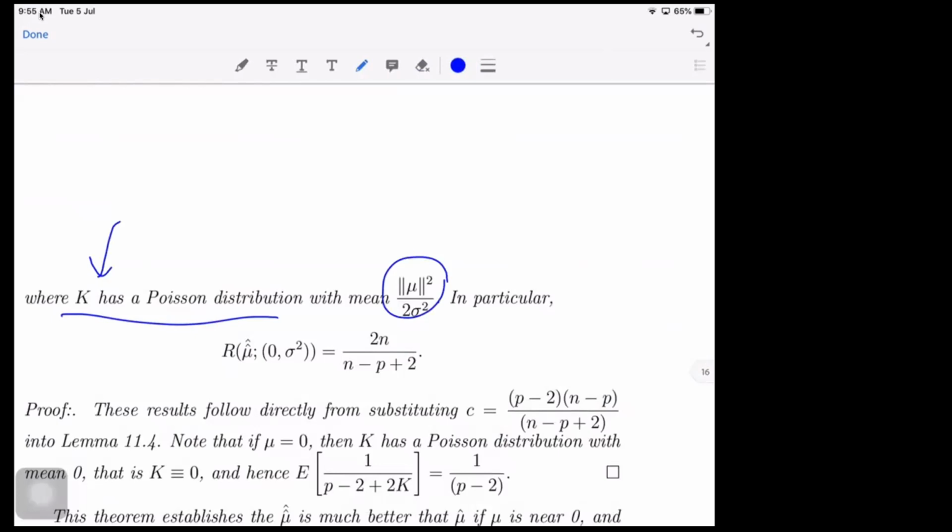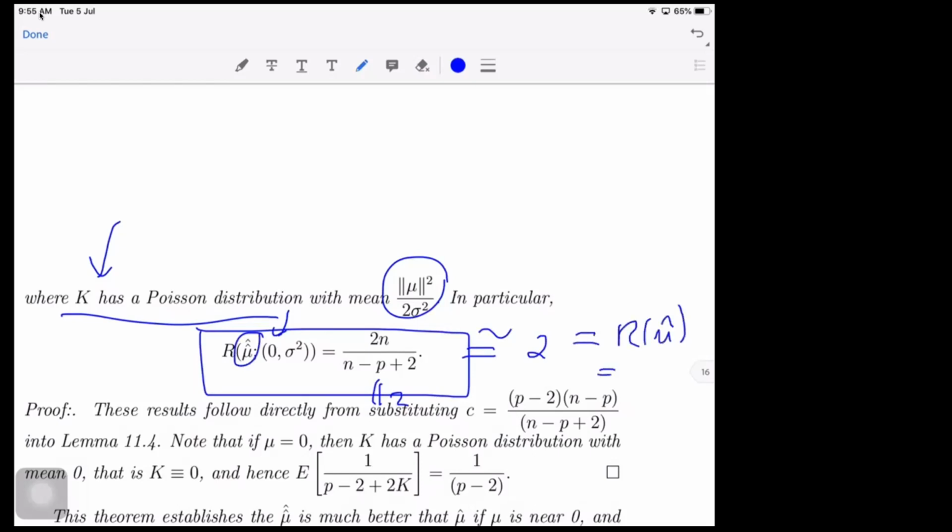In particular, when your mean is just equal to 0, the risk associated when using your James-Stein estimator is 2n over n minus p plus 2. So when p is exactly equal to 2, the risk is 2, which is just equal to the risk associated when using mu hat, which is p, which is 2.